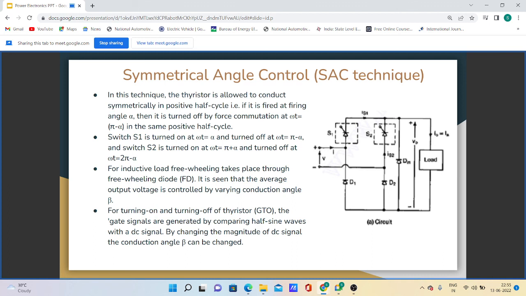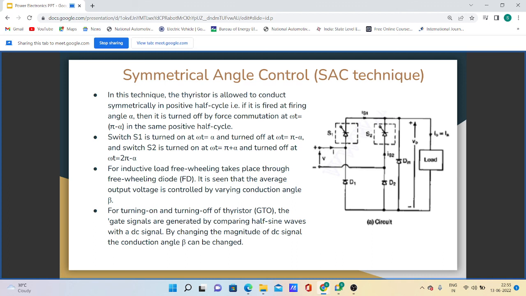If beta is the conduction angle, then thyristor is turned on at omega t is equal to pi by 2 plus beta by 2 and turned off at 2 pi minus beta by 2. If the DC signal magnitude Vc is increased, beta is reduced and vice versa.